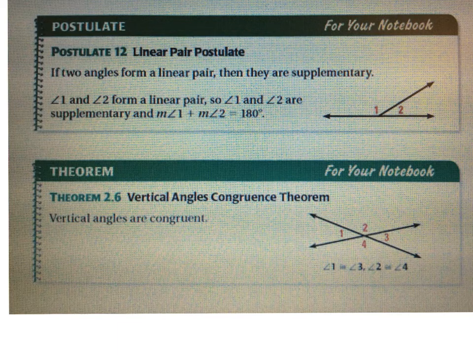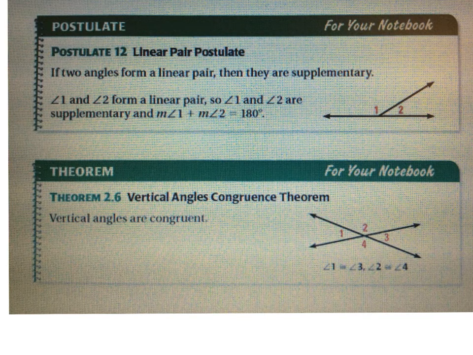And then for our theorem here, we have theorem 2.6, which is the vertical angles congruence theorem. That just means that vertical angles are congruent, which we know by definition at this point.